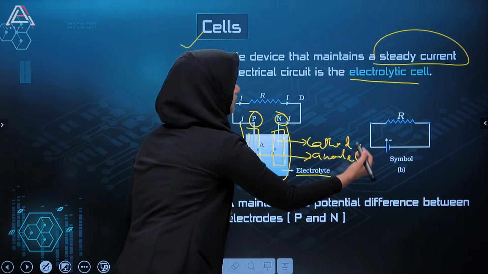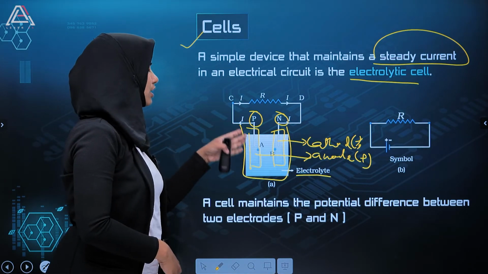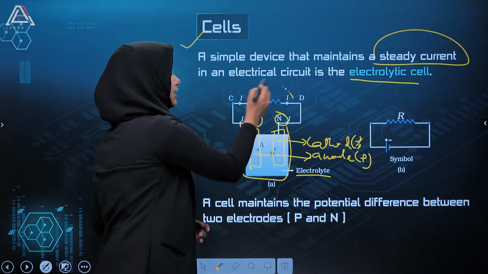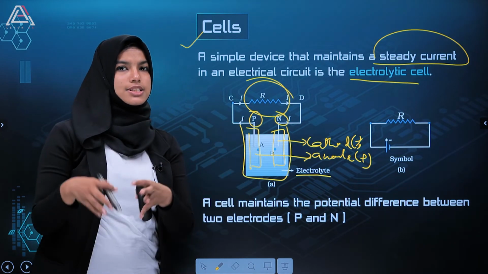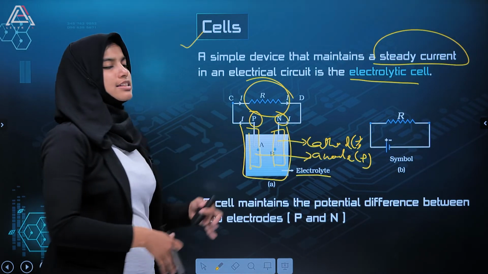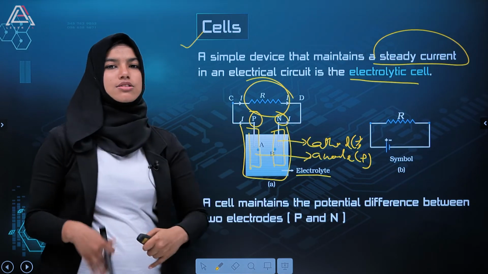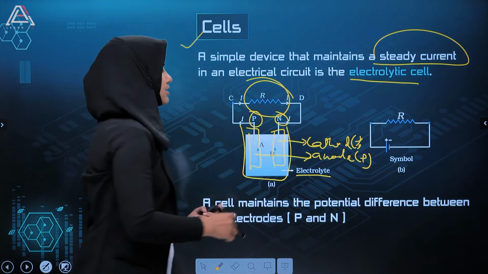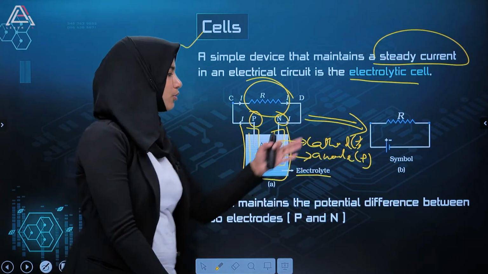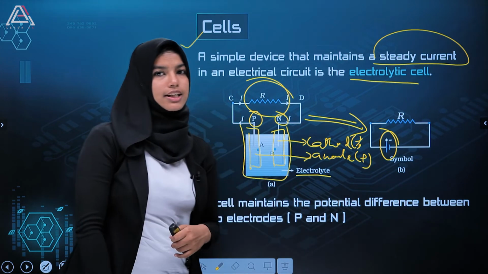So the anode is positive, the cathode is negative. This will create a potential difference, and they are externally connected via a resistance which is represented as capital R. So a cell is a device that maintains a steady current, and there is a potential difference occurring in a cell. We can symbolically represent the same electrolytic cell as a circuit diagram as follows, and this represents the cell over here.